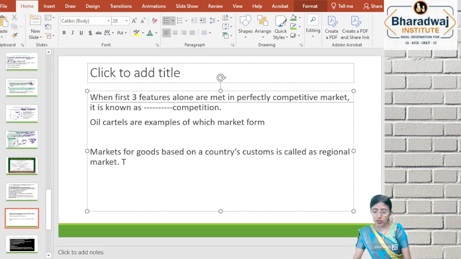True or false? Share market is an example of unregulated market. Yes or no?